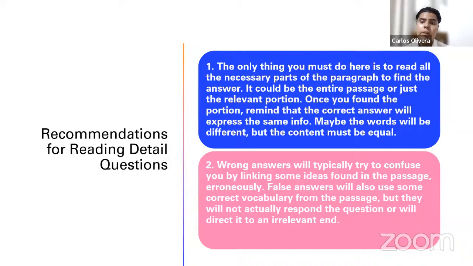The only thing you must do here is read the necessary parts of the paragraph to find the answer. It could be the entire passage or just the relevant portion. Once you have found the portion, remember that the correct answer will express the same information. Maybe the words will be different, but the content must be equal. Think about this.